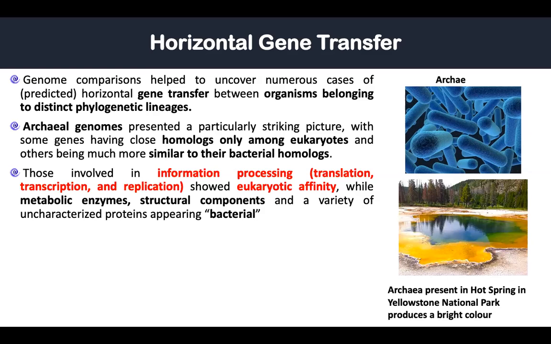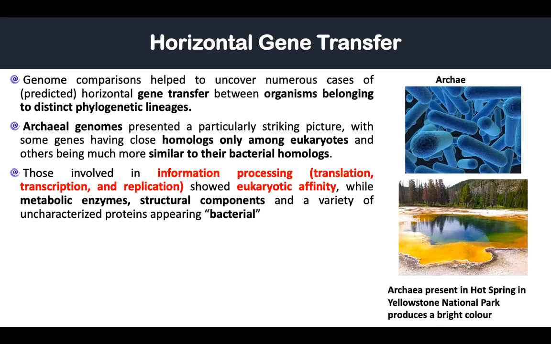So you expect archaea to have genomes which are similar to bacteria, but they have actually found genes which they share with eukaryotic genomes as well. Those involved in information processing, for instance translation, replication, and transcription, have shown similarity to eukaryotic genomes, while genes involved in metabolic enzymes or structural components seem to have a bacterial-like sequence.